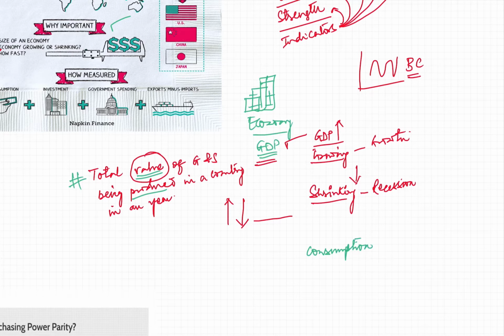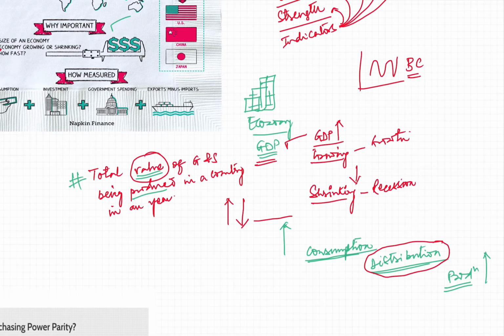Now, consumption is related to what? Distribution. And distribution is related to what? Production. If this is growing, it is because the consumption is growing. Now, consumption is being facilitated by what? Consumption is being facilitated by distribution.